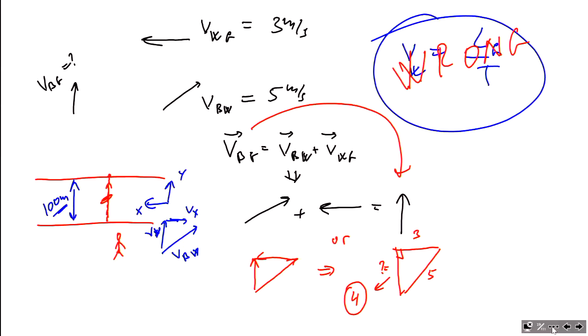Don't do things which are wrong. So you need velocity of the boat relative to ground and distance measured from the ground. And time, of course, will be equal to 100 over 4, 25 seconds. We use the International System of Units.